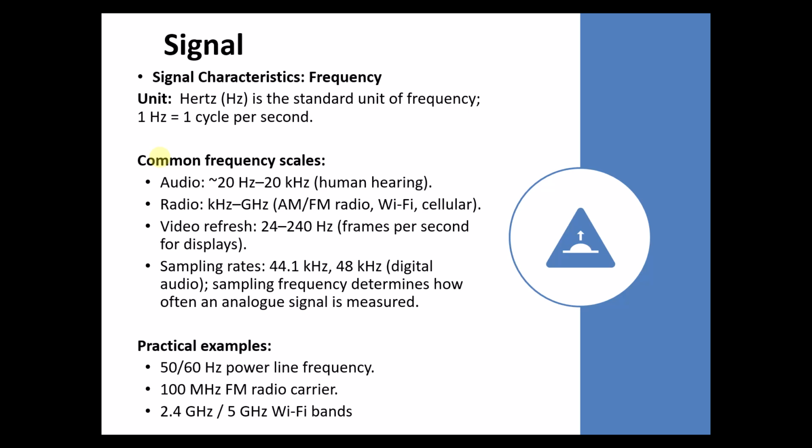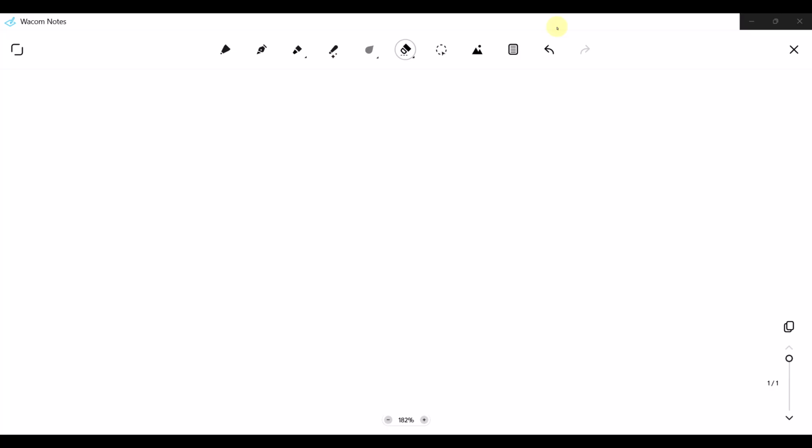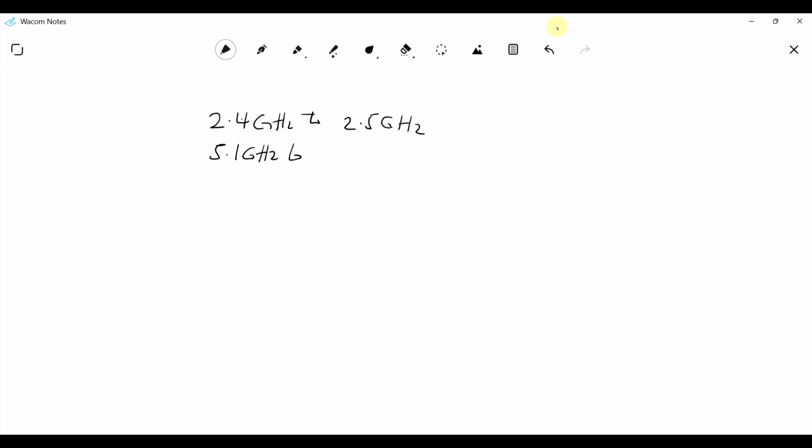In radio communication, for instance, Wi-Fi works in the following frequency bands: 2.4 gigahertz to 2.5 gigahertz. And then we also have one that works between 5.1 gigahertz to 5.8 gigahertz.